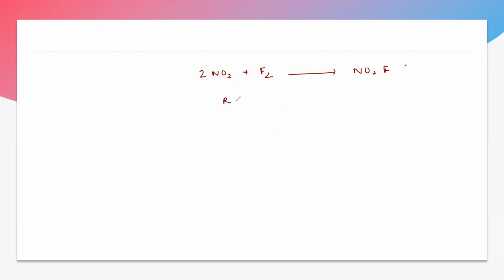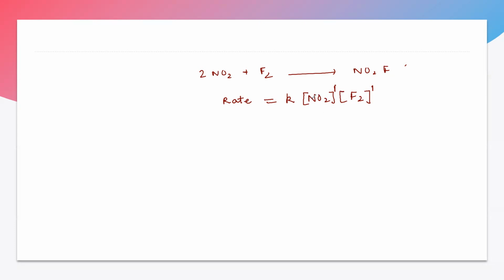Basically, the rate would be expressed as equal to K times the molar concentration of NO2 times the molar concentration of F2. And they are raised to some power. Like here it is 1 and here it is also 1. So this is the rate of reaction.